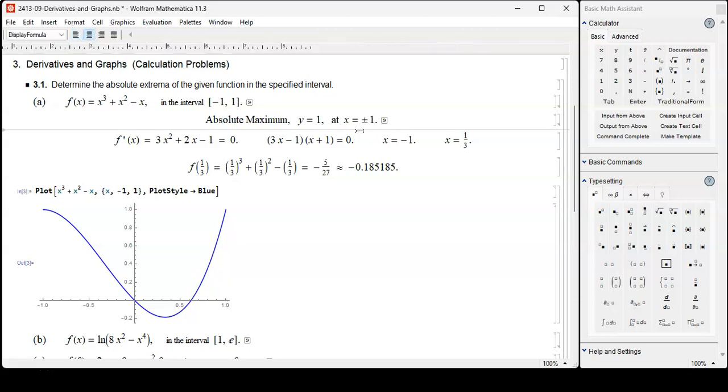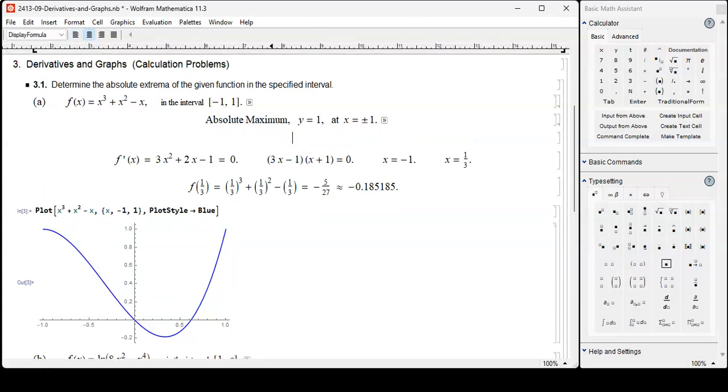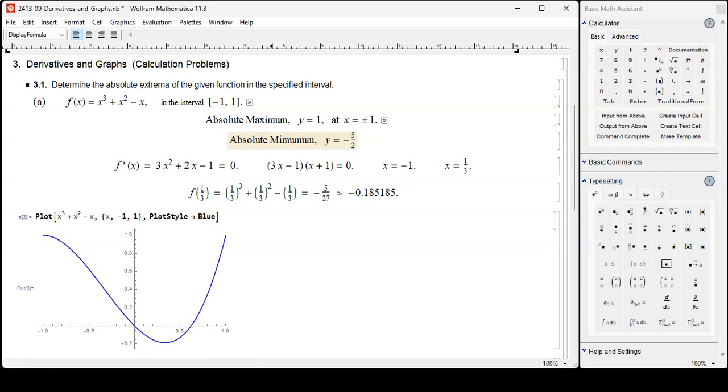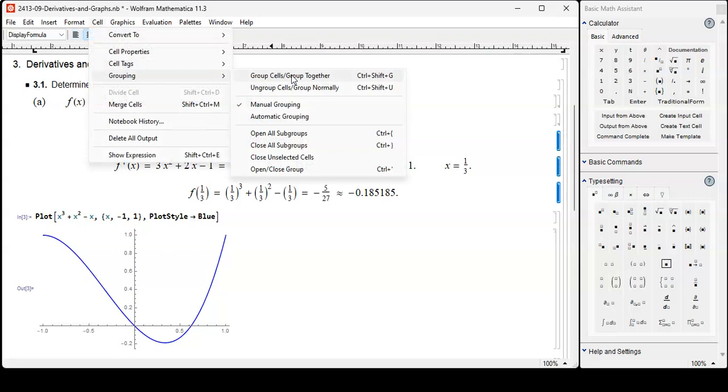So what's the conclusion? Absolute minimum y equals negative 5/27 at x equals 1/3. So that's another conclusion that I can draw from here.